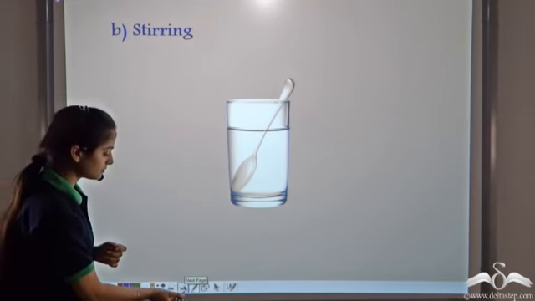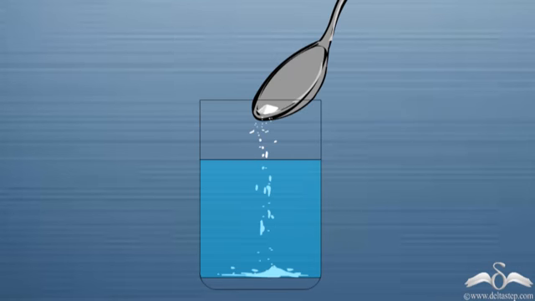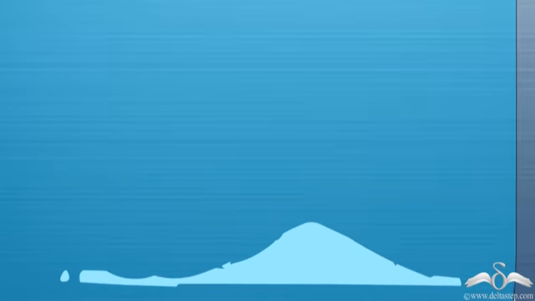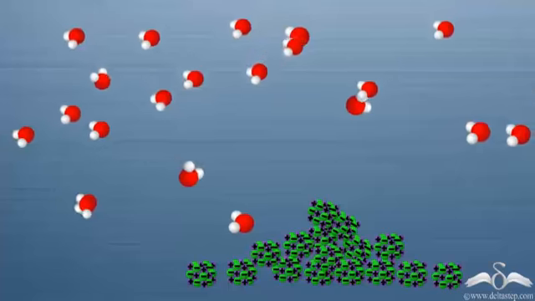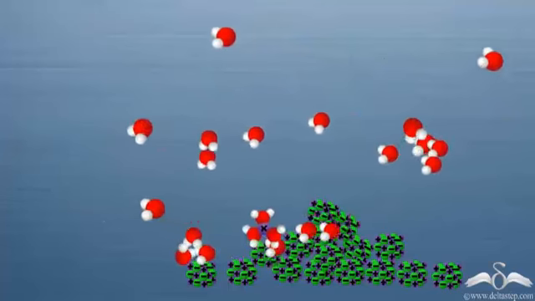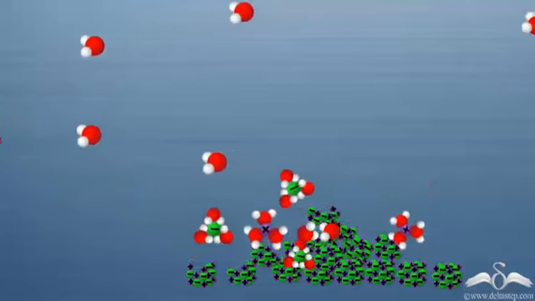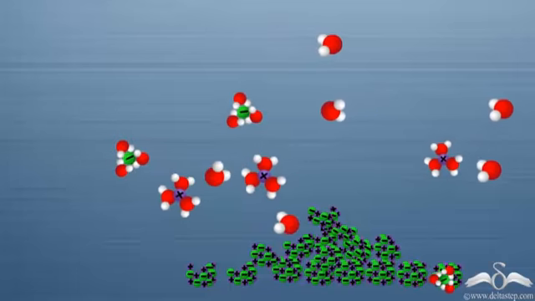Let's see. So we add salt to water. Now if it is allowed to remain like this, the water molecules act on the salt particles, on the surfaces which are available to them. They cannot reach these salt particles.